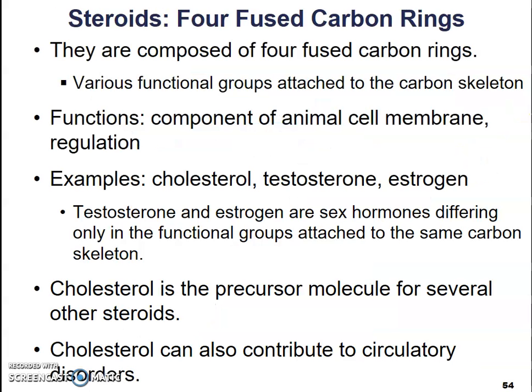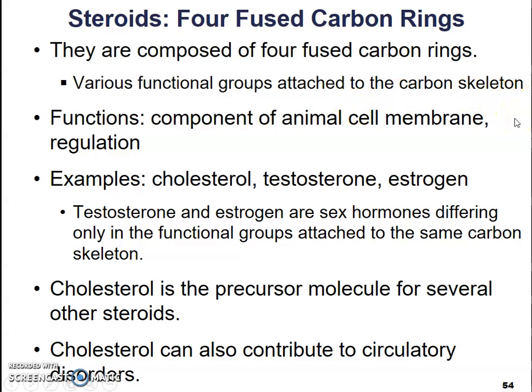Our next category, steroids. They are composed of 4 fused carbon rings. They have various functional groups, remember from section 1, attached to that carbon skeleton. They are components of animal cell membrane regulation. They help control what goes in and out of the cell.